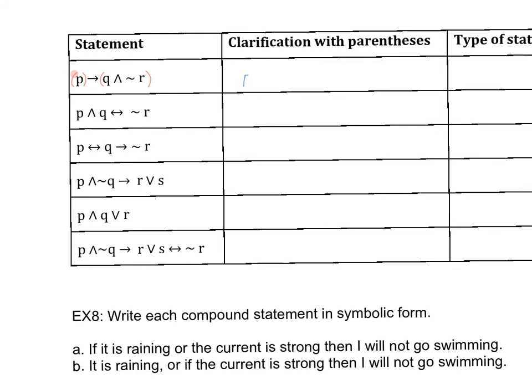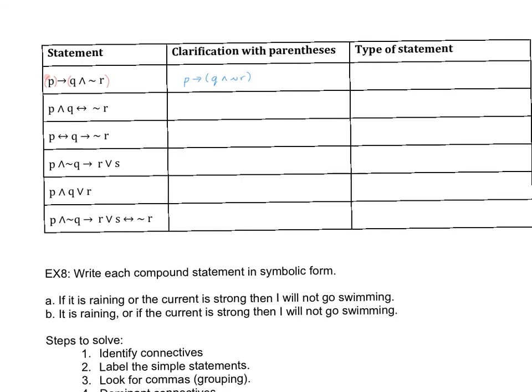So the clarification would be P arrow, and then parentheses around Q and not R. The dominant connective is the type of statement it is. The dominant connective is the conditional, so this is a conditional statement. In mathematics, whenever you see parentheses, that means you're going to do that first. Kind of the same thing here. The last thing you're going to look at is that arrow, that conditional, which means it's a conditional statement.